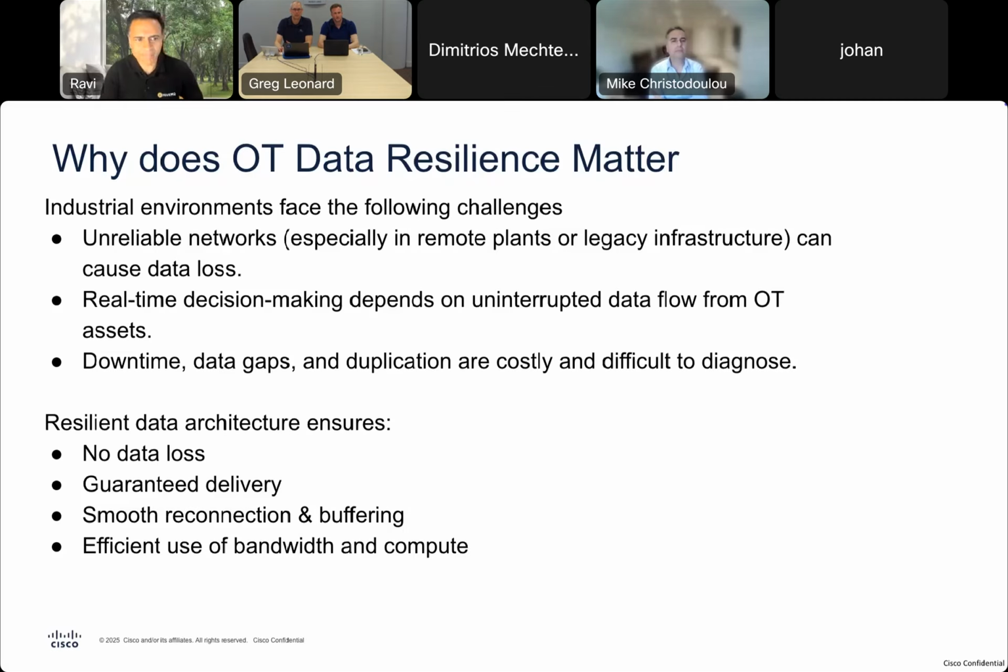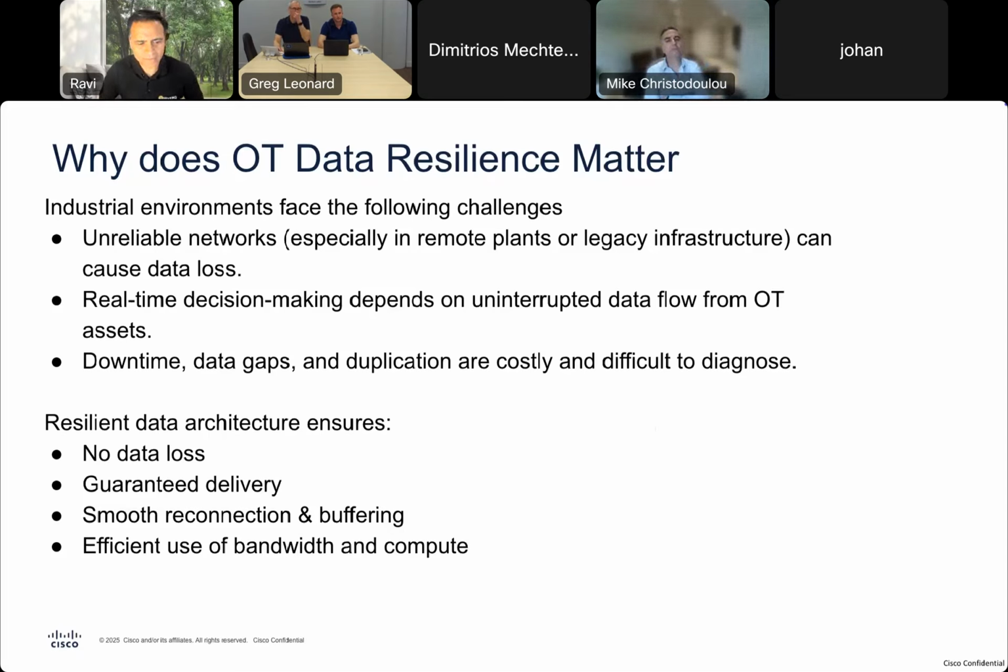Industrial environments are unreliable for the most part. You have remote plants or legacy infrastructure that can potentially cause data loss. Real-time decision making depends on uninterrupted data flow, which is a premium when it comes to OT. And then there are downtimes, data gaps, and duplication, which make it difficult to diagnose issues.